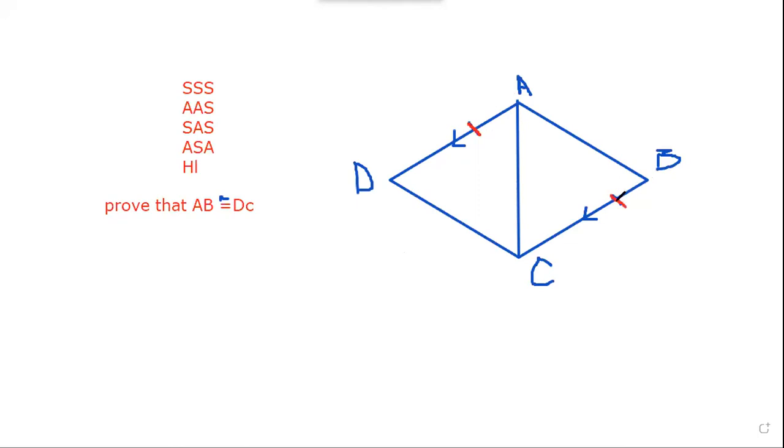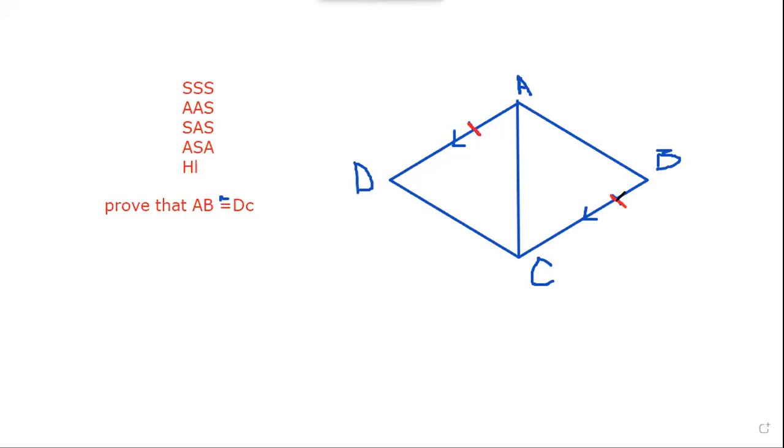So how will we prove that those two triangles are congruent? We will use properties of congruence. He said that AD is parallel with BC and AD equal to BC, and he wants to prove that AB equals DC. How will we prove that, Sama?